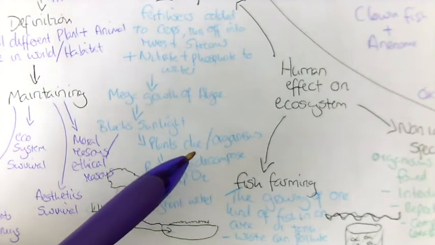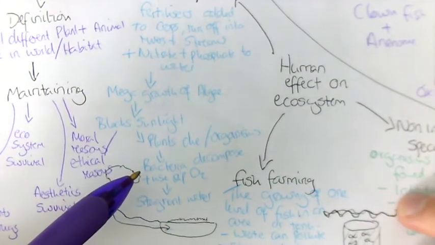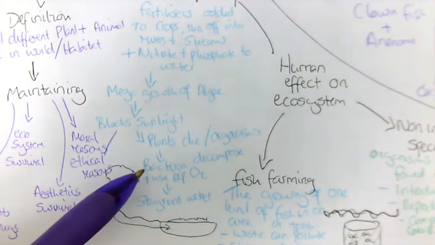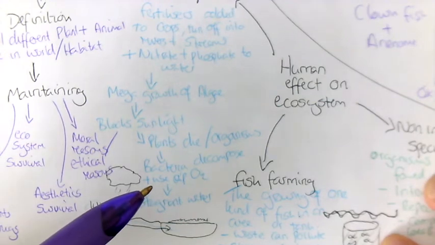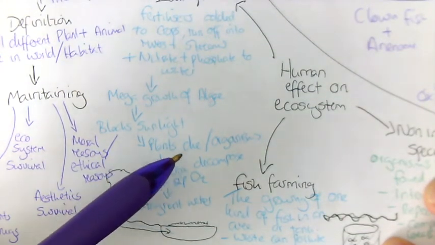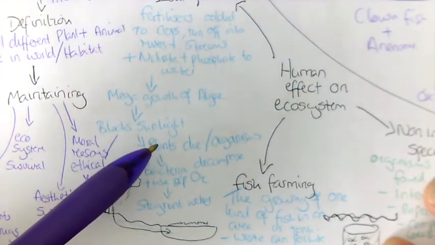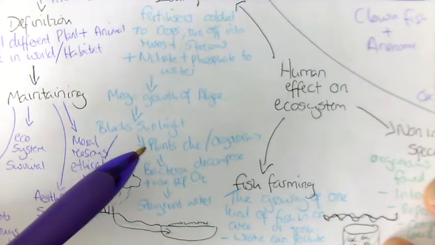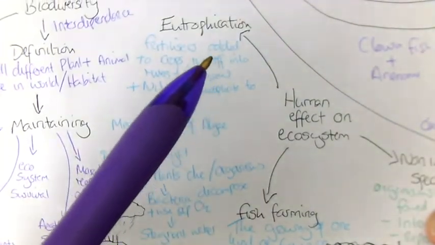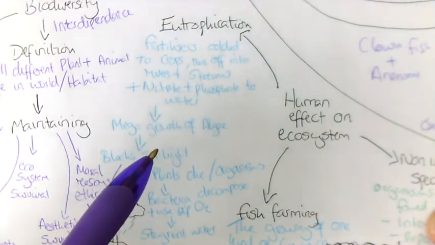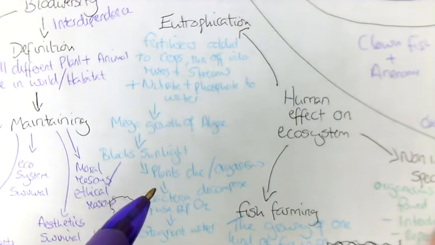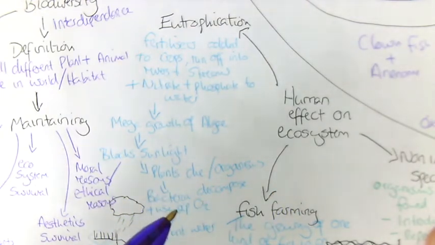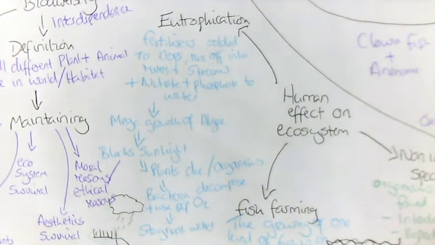Other organisms will start to die as bacteria decompose and use the oxygen in the lake, which produces stagnant water. So it's going to cause a lack of biodiversity as lots of organisms and plants die out. So that's eutrophication, adding fertilisers to our crops, which run off, causing algal bloom and killing off the plants and organisms in the rivers and lakes.